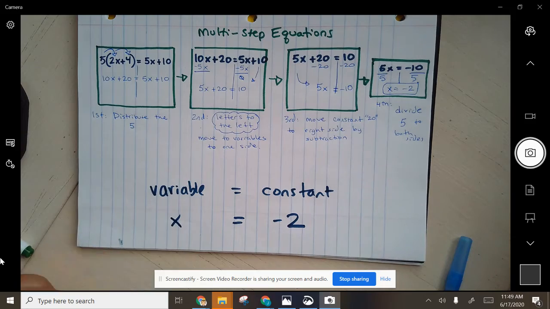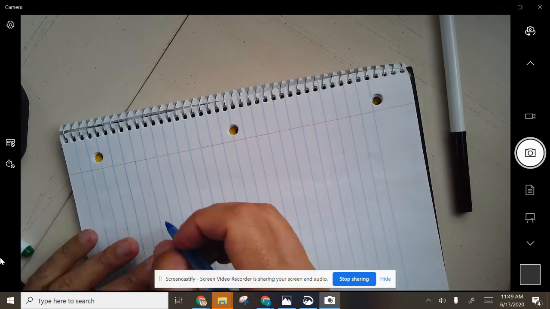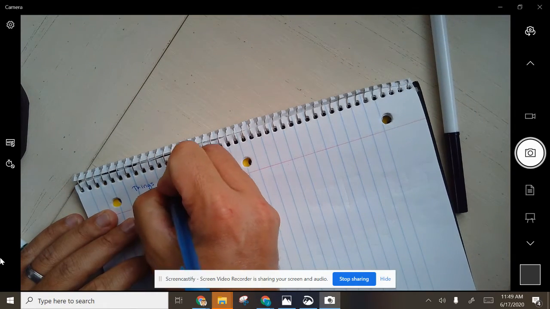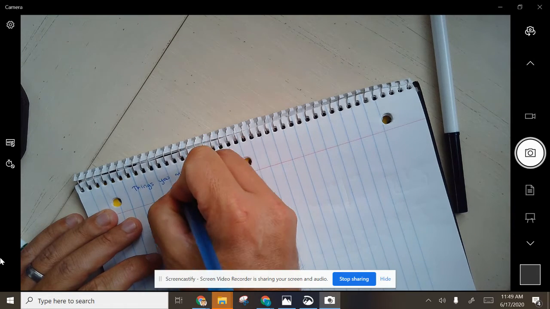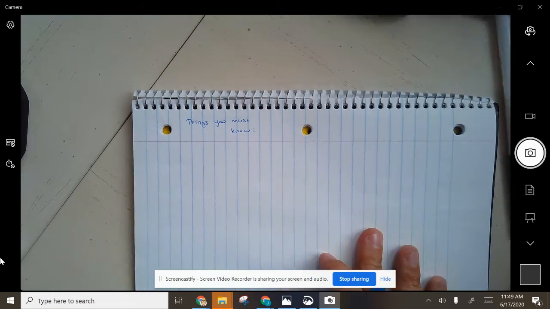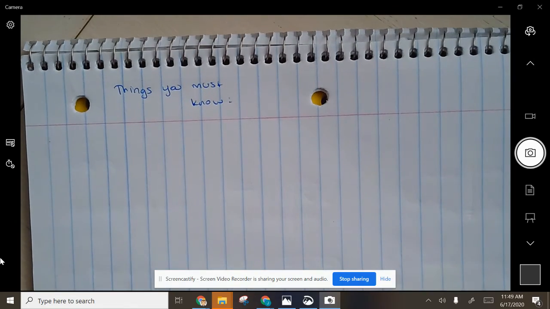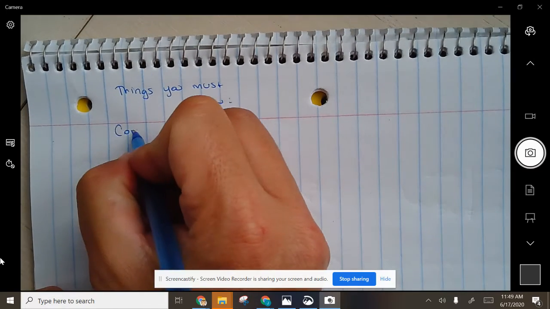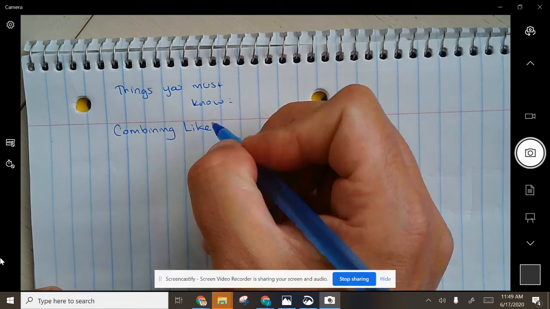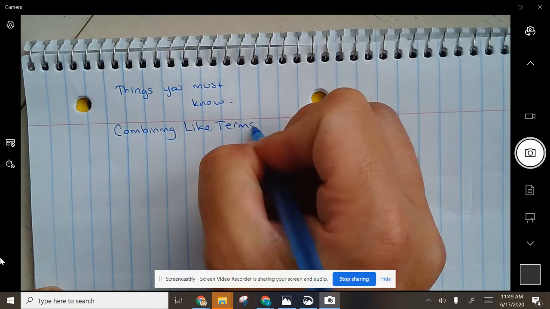Okay. Next one. Now, this is a little different. On the top here, I'm going to put things you must know. Just a little bubble here. Things you must know. Combining like terms.